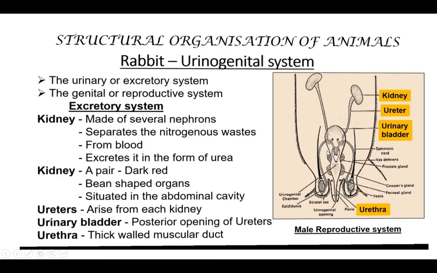See, this is the ureter, and the opening of the ureter is what? Urinary bladder. The urine will be collected in the urinary bladder, and that is opening through the urethra. Urethra is a thick walled muscular tube. This is the excretory system. See here, kidney, then ureter, then urinary bladder, and then finally urine comes out through the urethra.